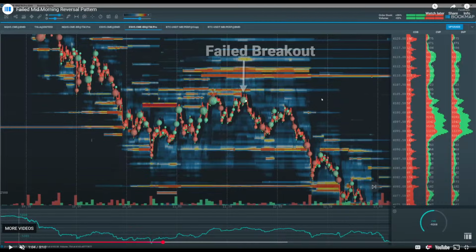Okay, so what we have basically is it's kind of a fake out, but what the bigger picture move is, the impulse move, and then it's almost like a flag, or a pullback, okay, but there's some volume in there, but it fails. Okay, and then you get this continuation move to the downside.